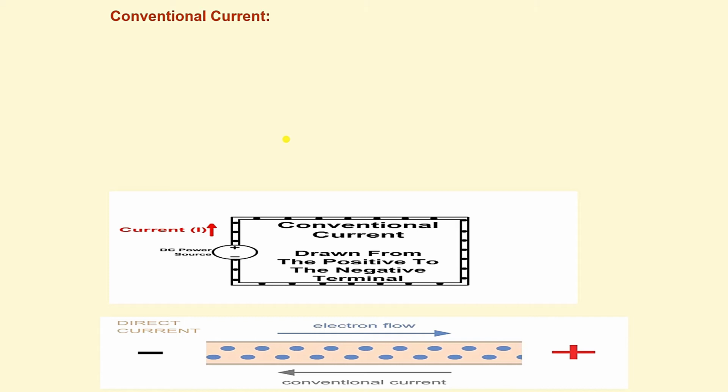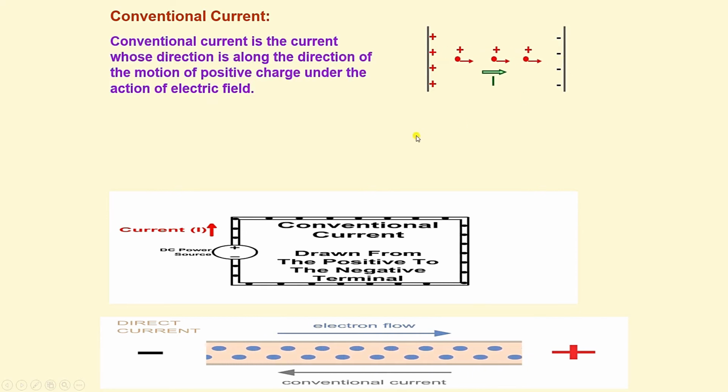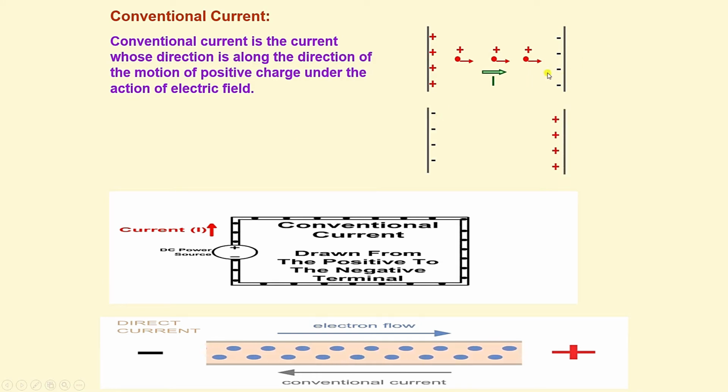Then come to the conventional current. Here the positive charge flows from the positive end to the negative end. The conventional current is the current whose direction is along the direction of motion of a positive charge under the action of an electric field. The electron will move in the opposite direction to this positive charge.